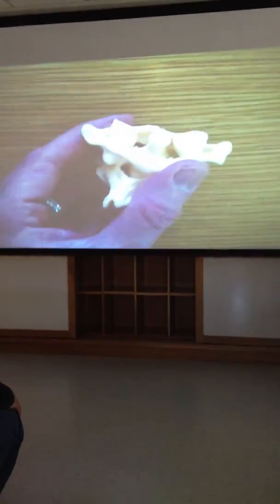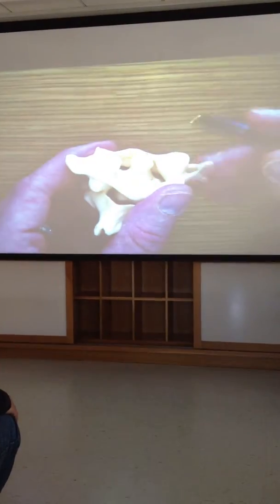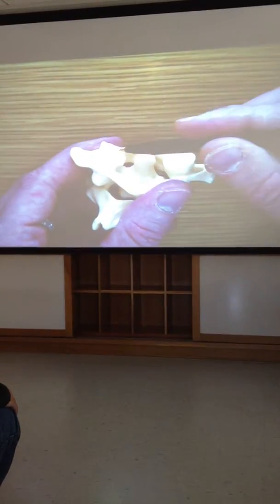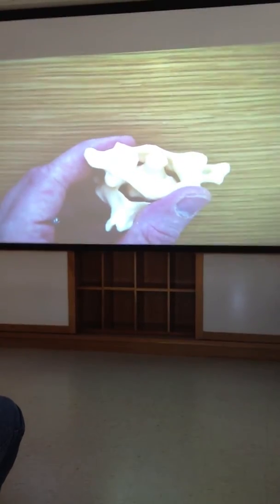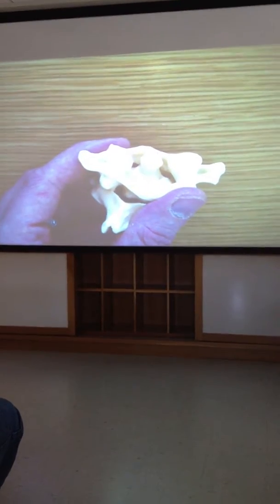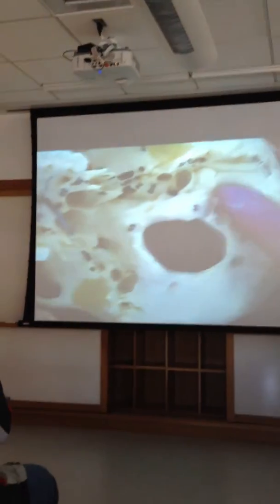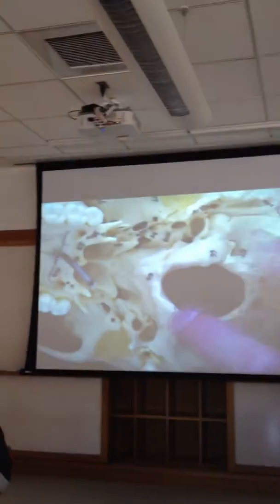What bone do you expect to be forming a joint right here? What bone would be there? The occipital bone, right? The occipital condyles of the occipital bone. So what's this big hole? Your foramen magnum.